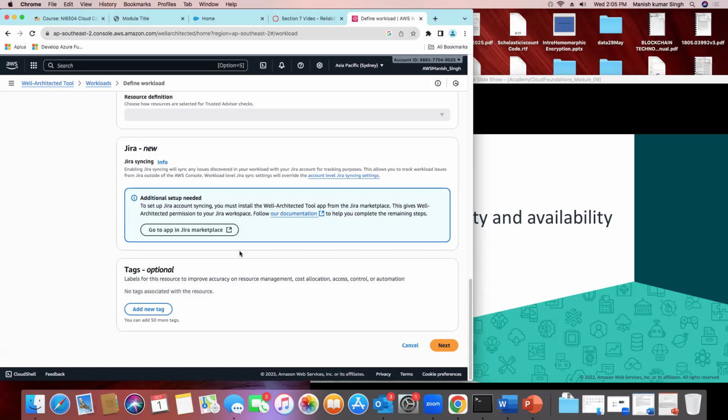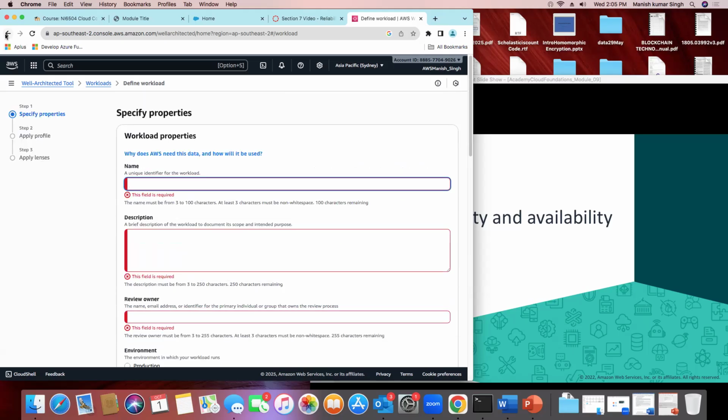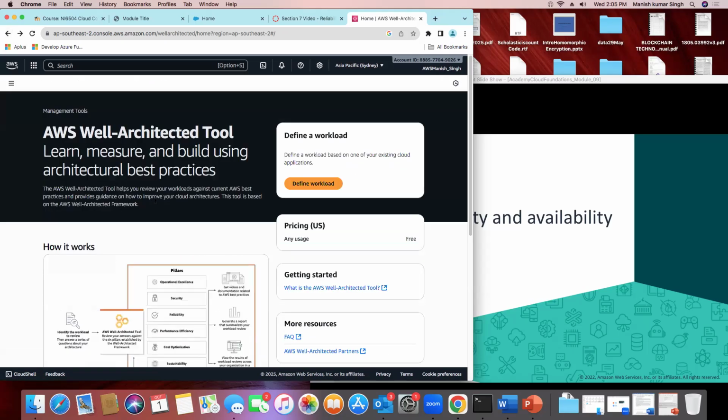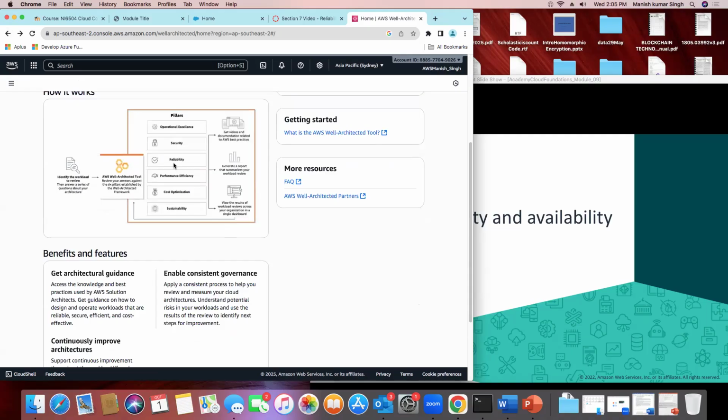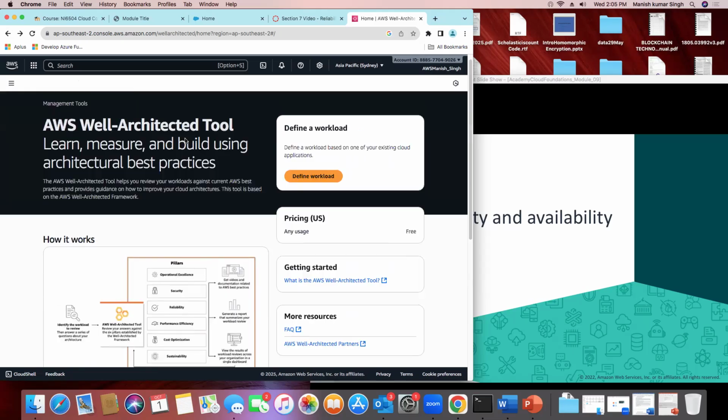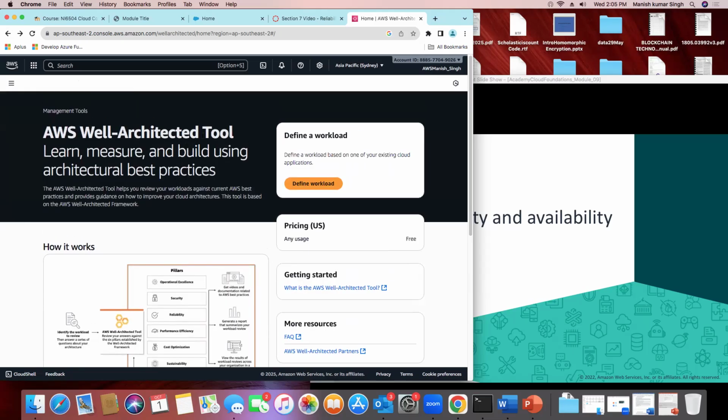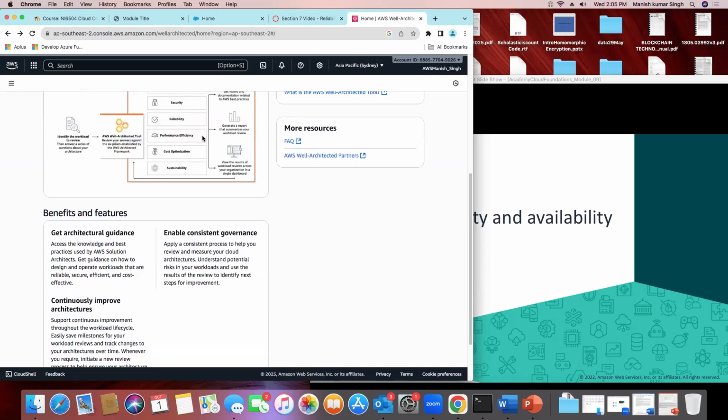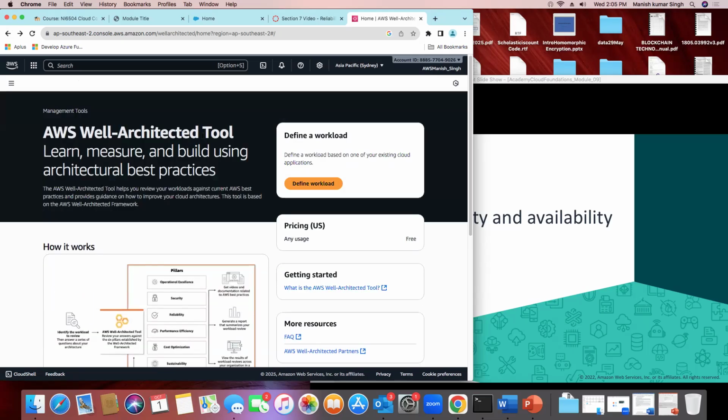Then you go through and check if you have met all these requirements of the architecture framework. So we can do it by pen and paper, or on your computer, or follow this tool to design architecture in AWS.